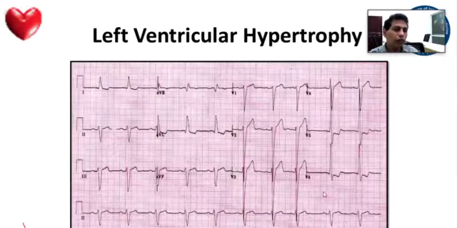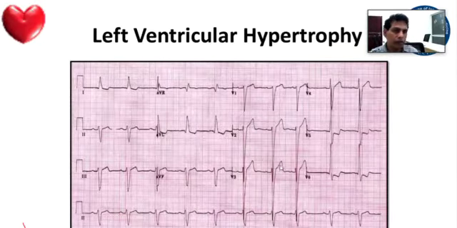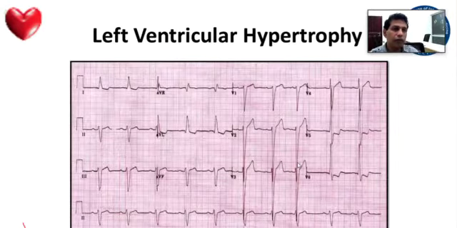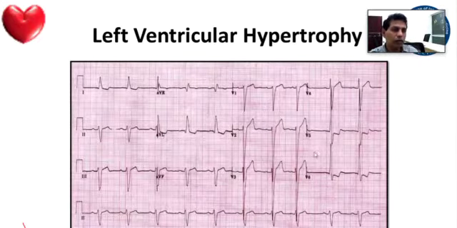Now, if you have only a tall R wave, that could also be due to very efficient electrical activity of the heart muscle. You can see tall R waves in thin people and in children, because the leads are very close to the myocardium, so you can generate a very high electrical stimulus.